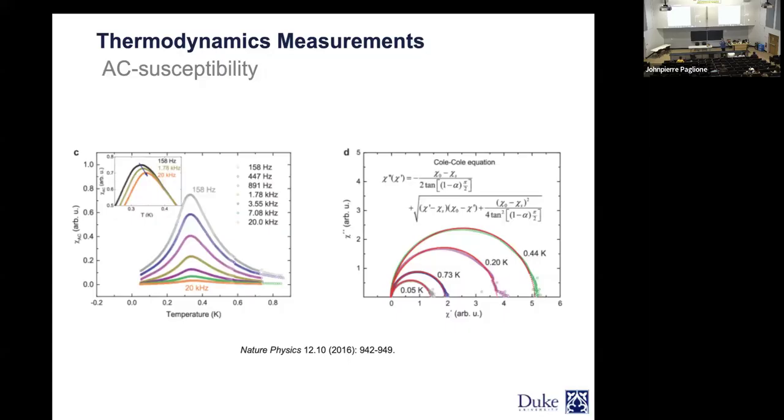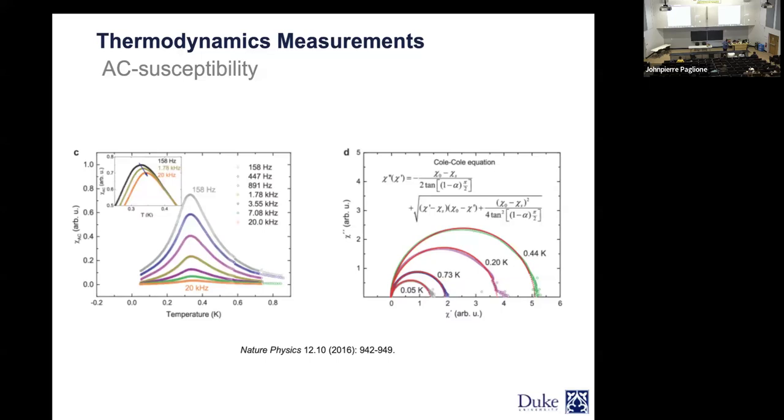If your spins are frozen in a particular pattern, then when you change the frequency, you can see a slight shift in the peak of the AC susceptibility, because you're not going to have a unique relaxation time. You're going to have multiple relaxation times because the different spins are oriented in different ways. Okay?